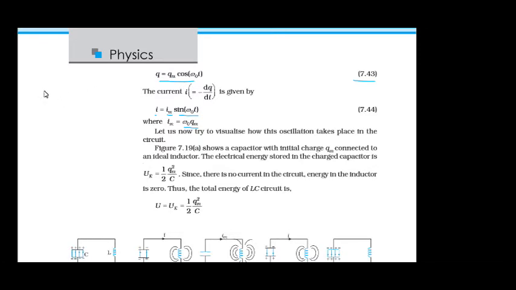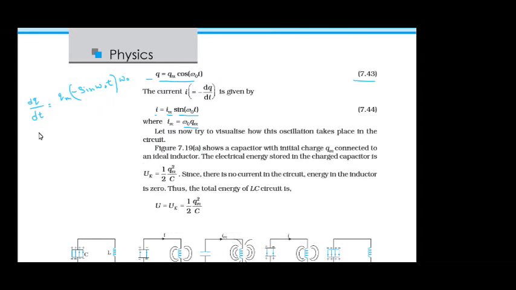After differentiation, if we differentiate this equation, then dq by dt is equal to qm times minus sine omega naught t, since cos omega t's differentiation is minus sine omega t, and omega naught t's differentiation is omega naught.